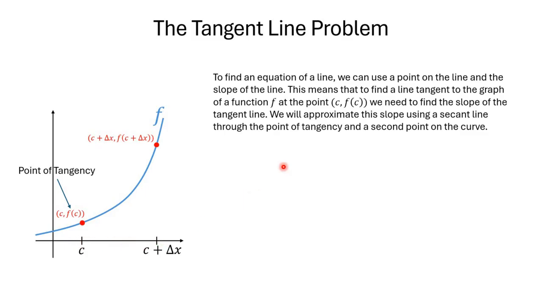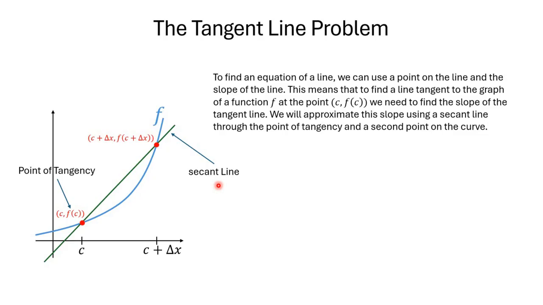And that second point is going to create this secant line. A secant line goes through two points on the curve, and it actually crosses the curve at both of those points. So this is the secant line, and we're going to use this secant line to approximate the slope of the tangent line.